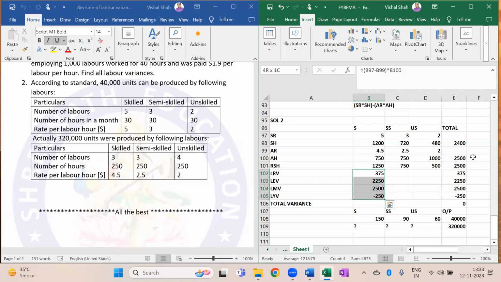I think we have done it. As far as total variance is concerned, I will do it by the big formula: LRV plus LEV. Remember, LEV is LMV plus LYV always. You can always check. LEV, labor efficiency variance, will be labor mix variance plus labor yield variance.